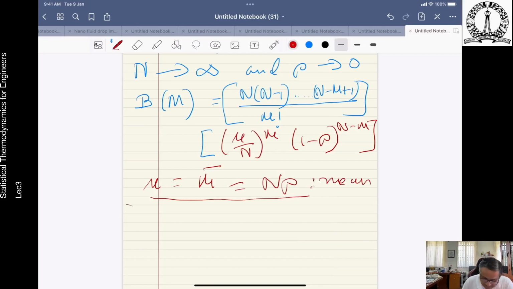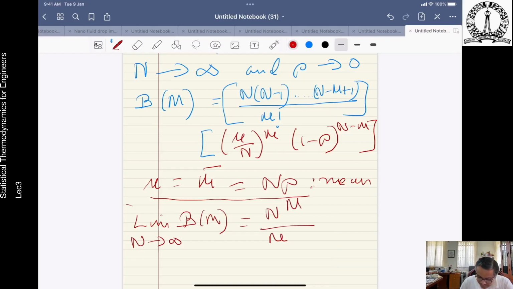So in the limit of the binomial distribution where n approaches infinity, this becomes n raised to the power of n divided by n factorial, mu by n raised to the power of m into 1 minus mu by n raised to the power of n.